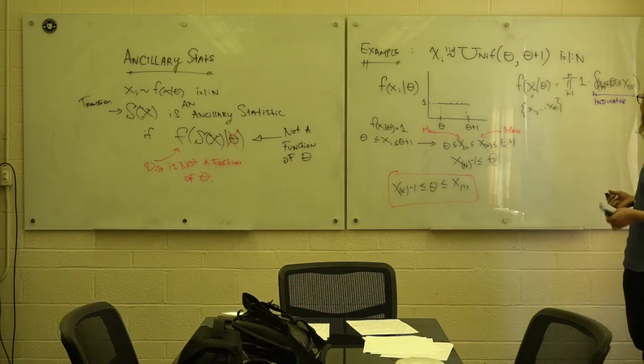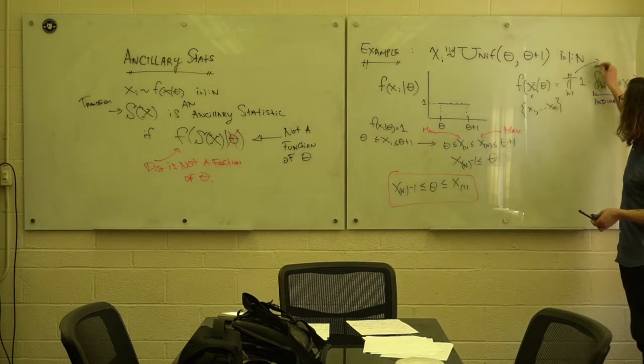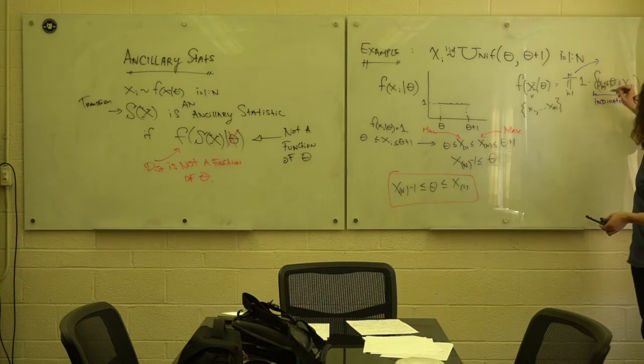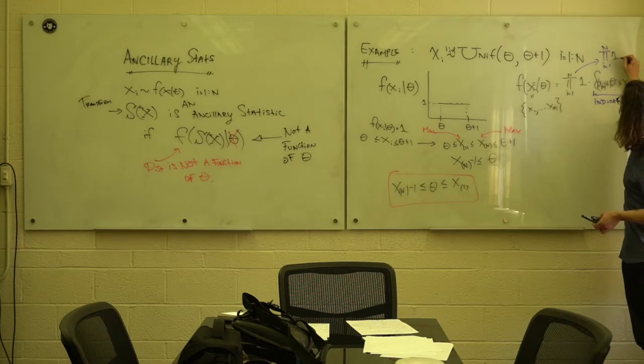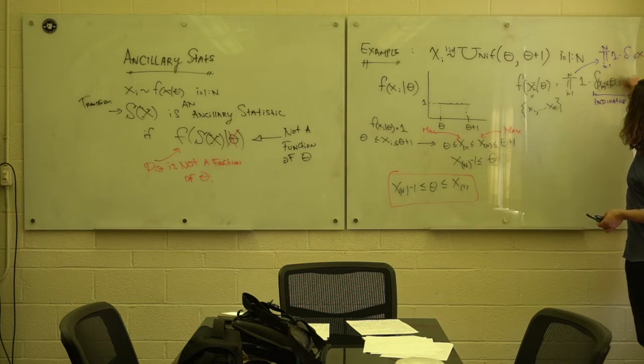I could rewrite this slightly differently if you'd like, and I could have written down this is the product from 1 to n, 1 times a delta function that the xi's are bounded between theta plus 1 and theta.